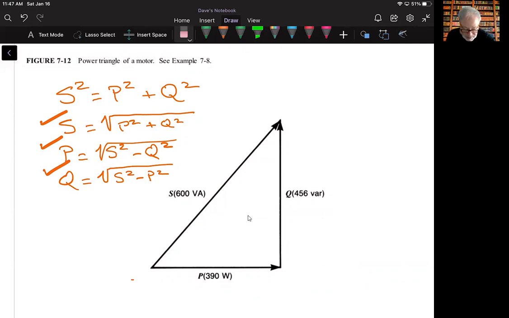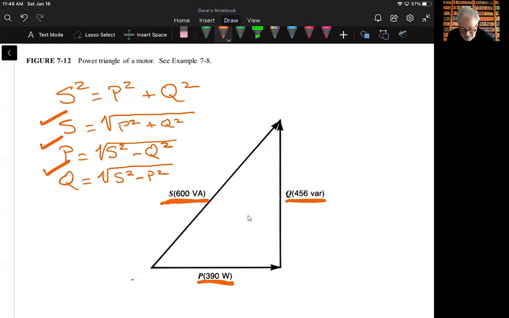It went through a derivation of determining the apparent power, the active power, and then the reactive power. Here's the 390 watts that we determined in example 7.8, so go back and check that. Then Q is the 456 var, and the combination of those gives the 600 volt amps, or the apparent power.